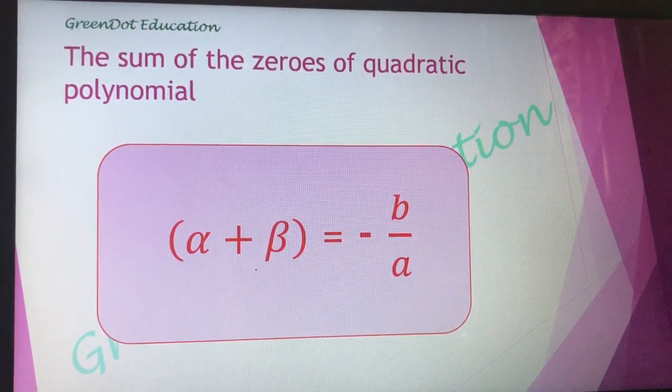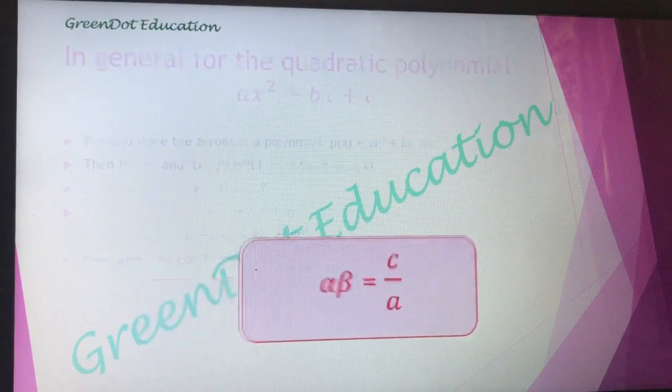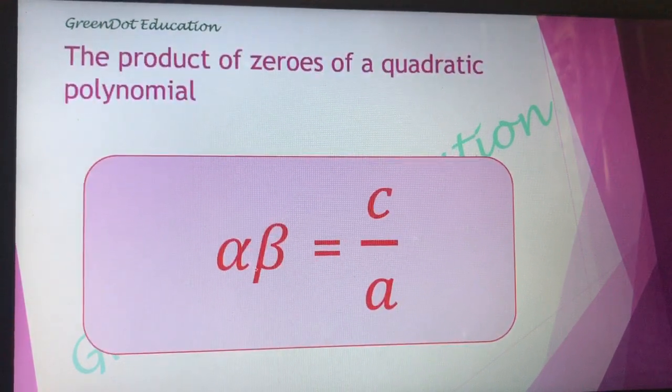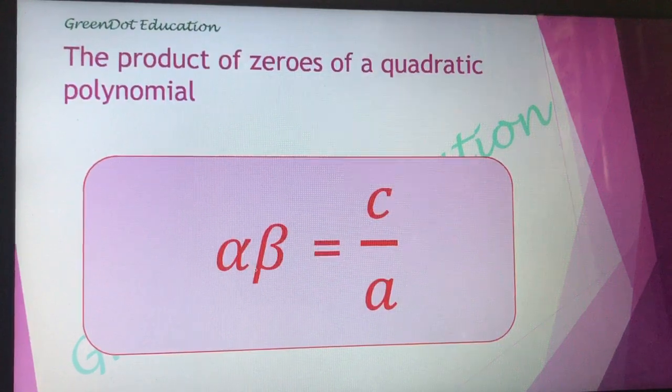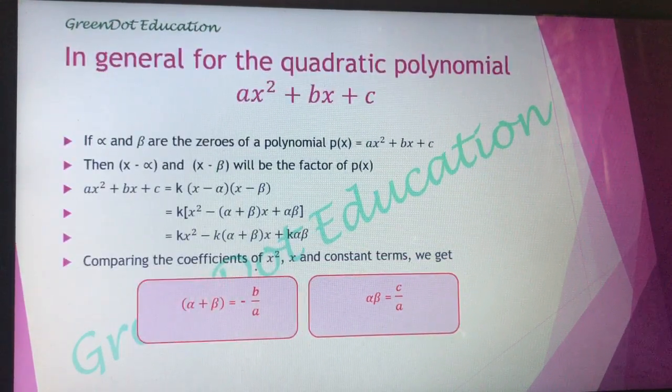This relationship we are going to use to form the quadratic polynomials from the zeros, and the product of zeros, that is alpha beta, will be equal to the ratio of the constant term to the coefficient of x square. So these two are the important relationships between the zeros of the quadratic polynomial and the coefficients, and using this relationship we are going to form the quadratic polynomial.